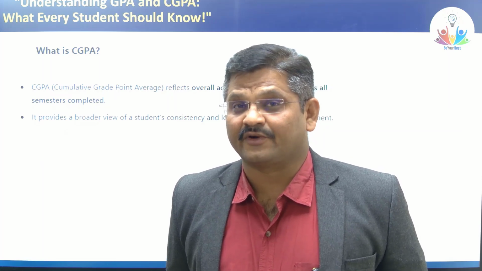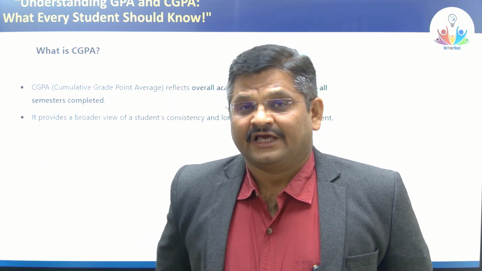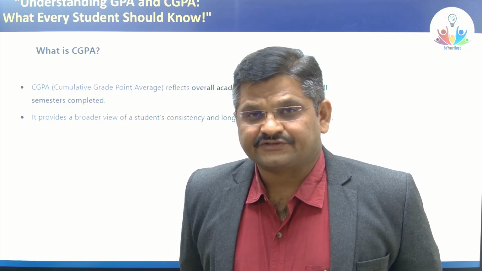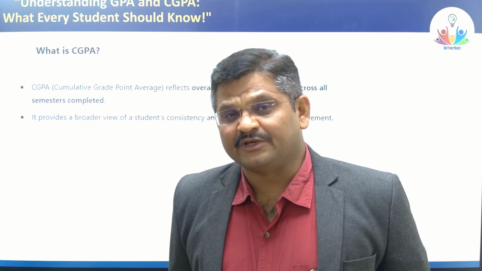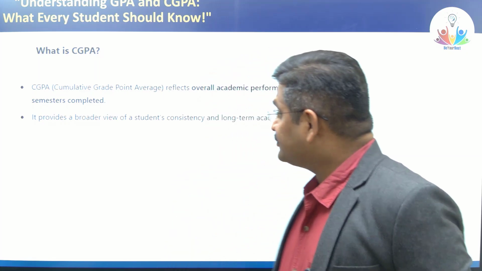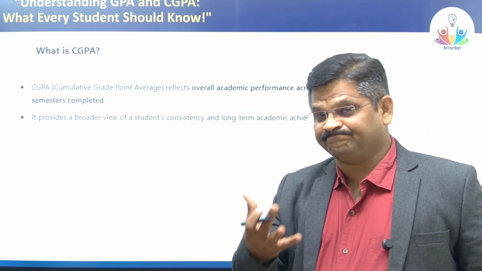It's cumulative graded point average for engineering students. There are the 4 years and 8 semesters, so 8 points will be considered for the cumulative CGPA. Again, it has its own formulas also.